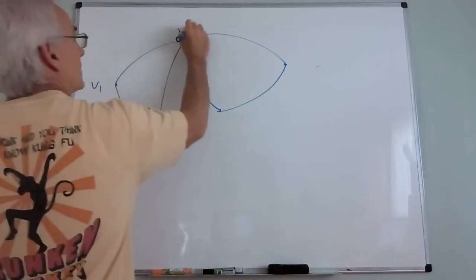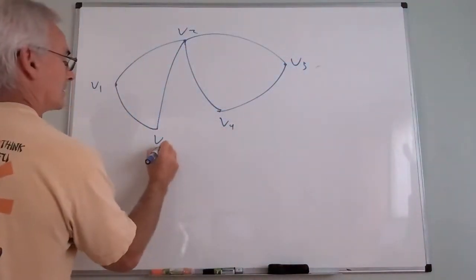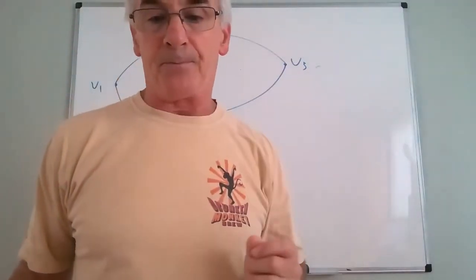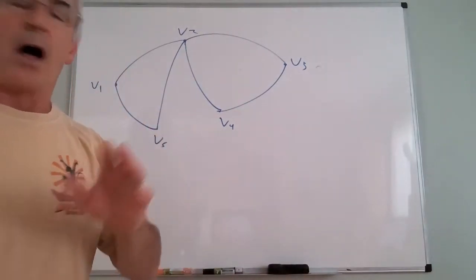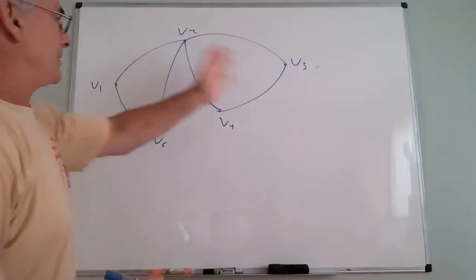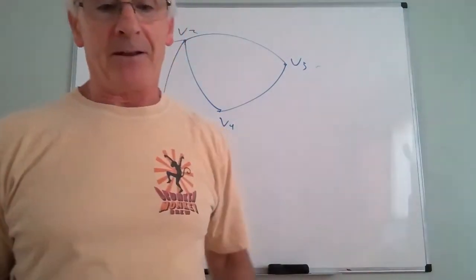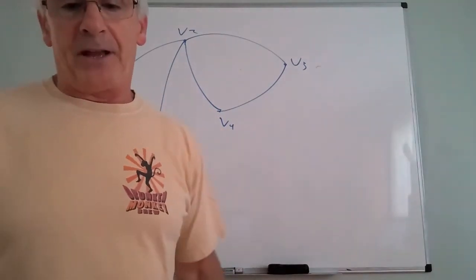So V1, V2, V3, V4, V5. What I want to do here is start and touch everything. I want to touch all the vertices and all the edges.